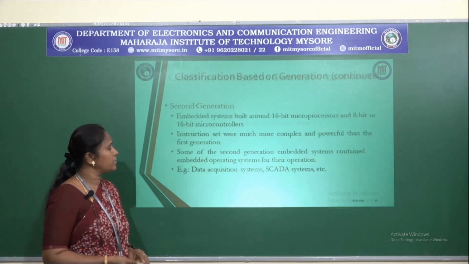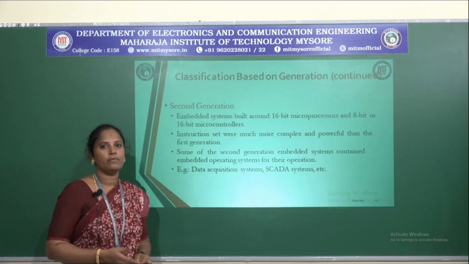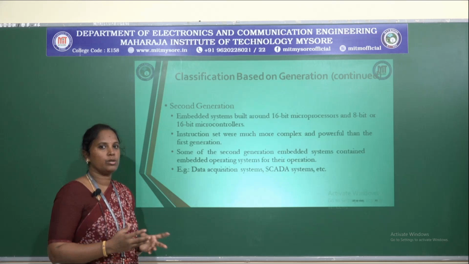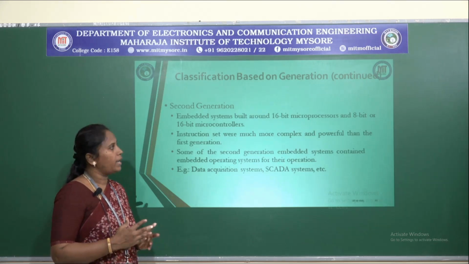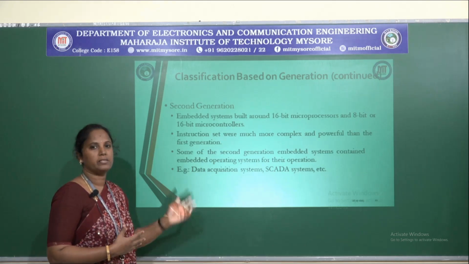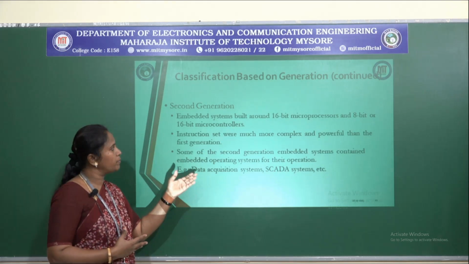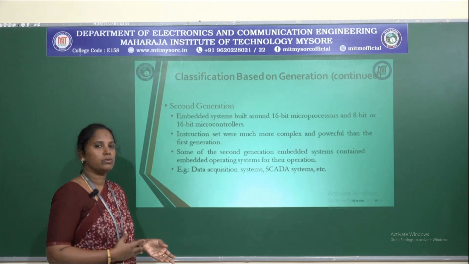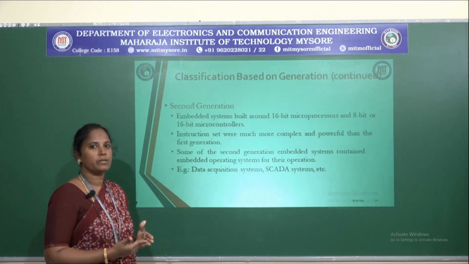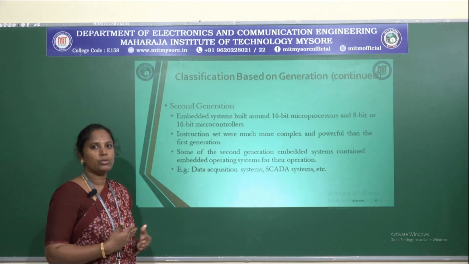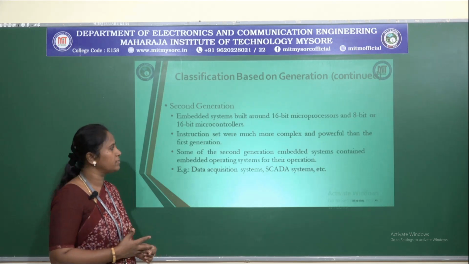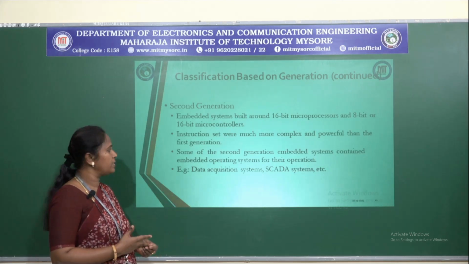So next coming to the second generation. We have more advanced microprocessor and microcontroller where the bit handling capability of both of them has been increased in the second generation, that is with 16-bit microprocessor and 8-bit, or it could also use 16-bit microcontroller, and the complexity with respect to your instructions was also increased a bit higher, where we have more complex instruction set compared to the first generation.